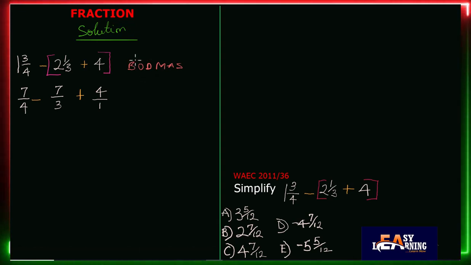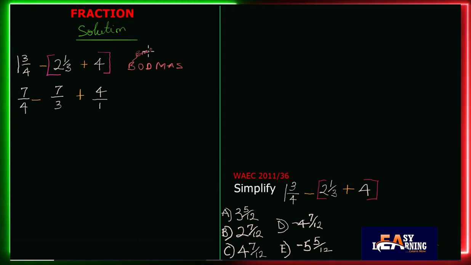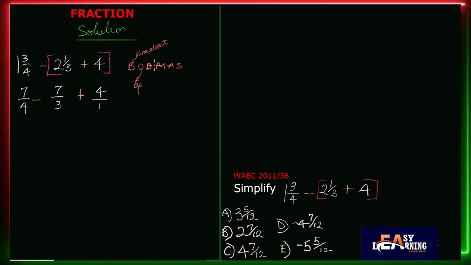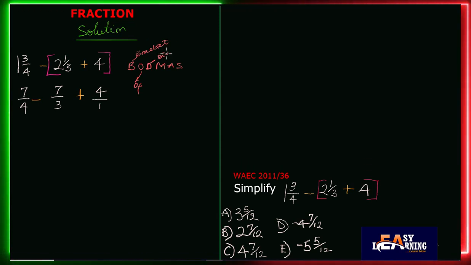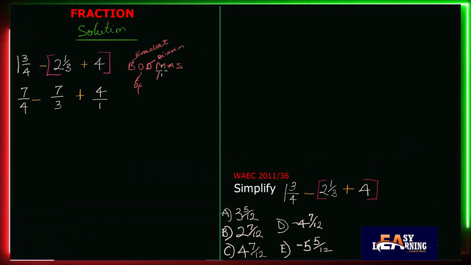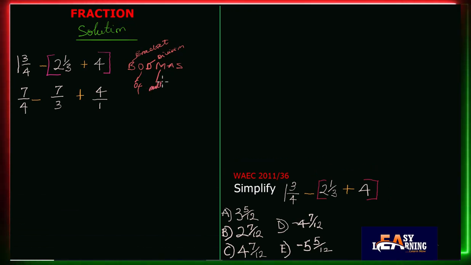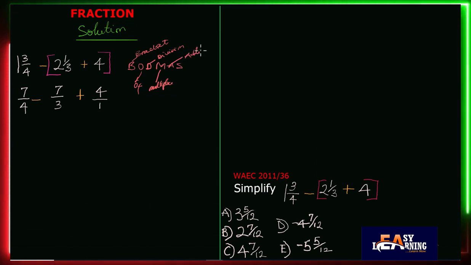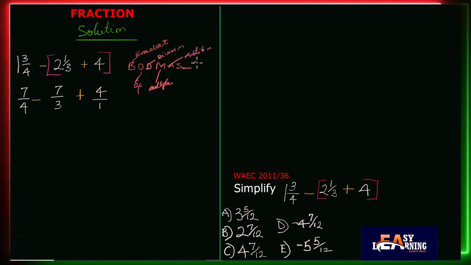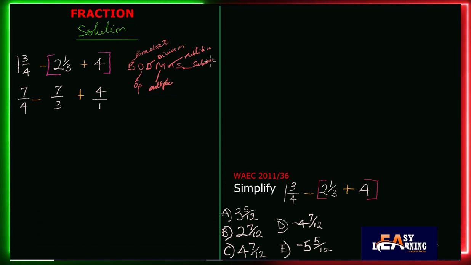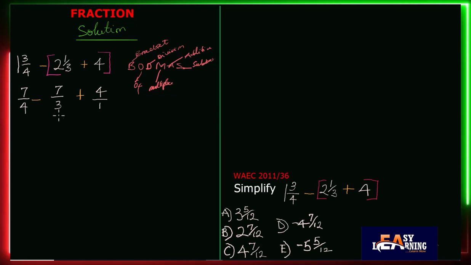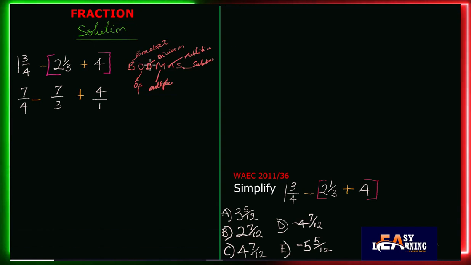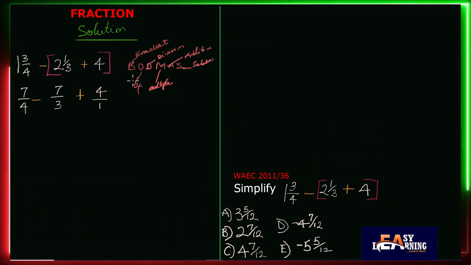B is for bracket, O is for of, D is for division, M is for multiplication, A is for addition, and S is for subtraction. What it means is we follow this order: where we see bracket, we solve bracket first. After that, if we see of, we solve it first, and then it continues.